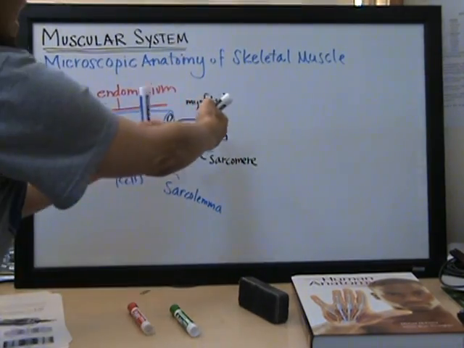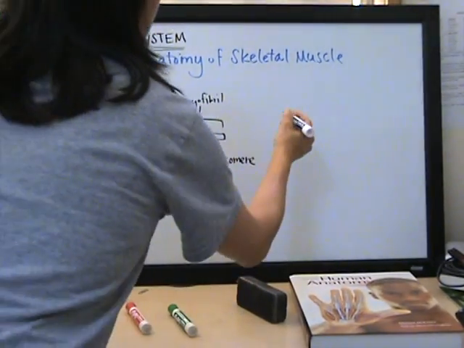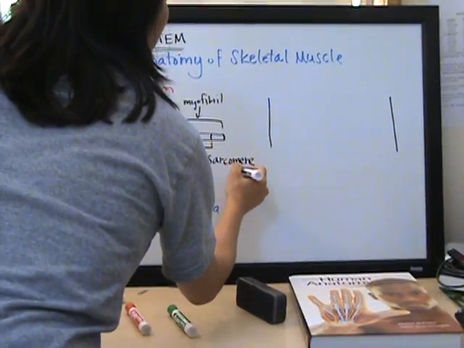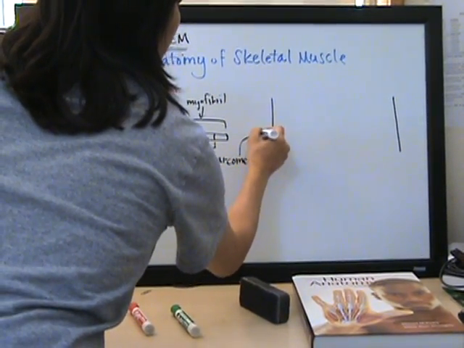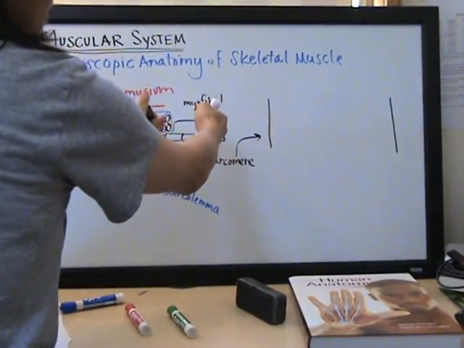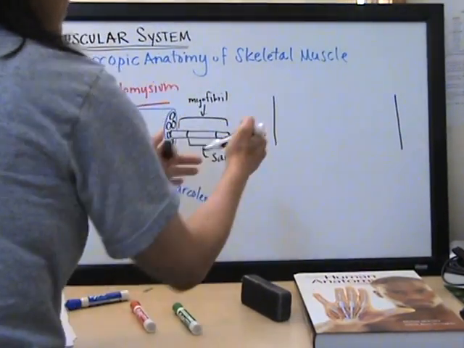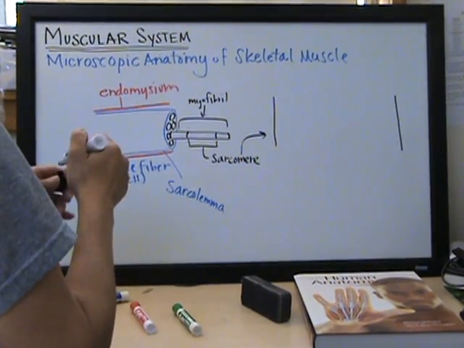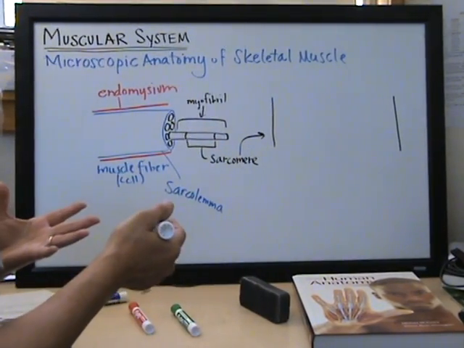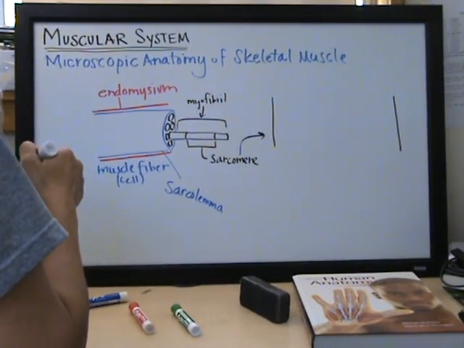So we're going to take a look at a single sarcomere here. So just one region, and what we have in a myofibril are repeating sarcomeres, repeating units that repeat over and over and over. Okay, and it's the arrangement of the proteins within the sarcomere that gives the skeletal muscle its striped appearance.